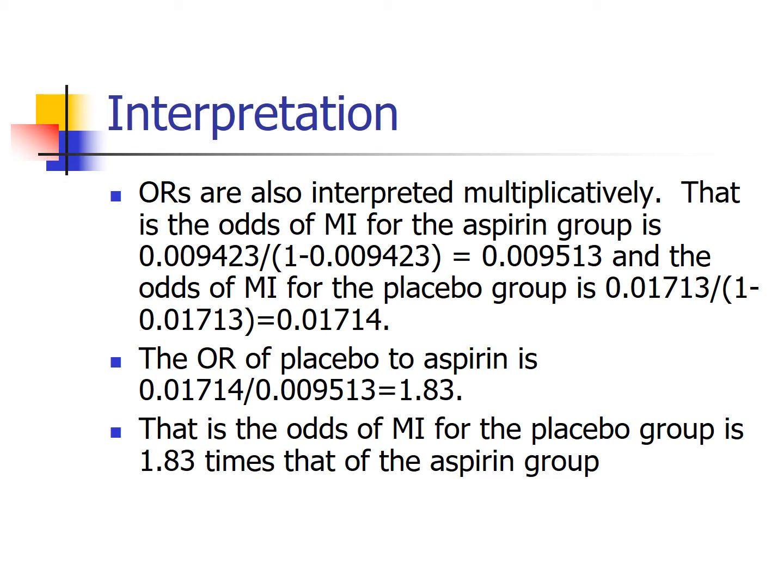We would not say that the probability of myocardial infarction for the placebo group is 1.83 times that of the aspirin group. That would be technically wrong. Although we'll see in this particular example, it's very, very close to true. But that's not always the case. So we do not interpret odds ratios that way. We interpret them exactly as it is in that bullet point.